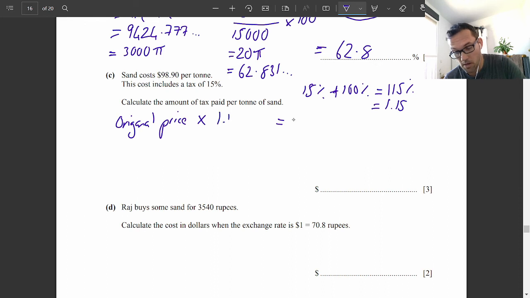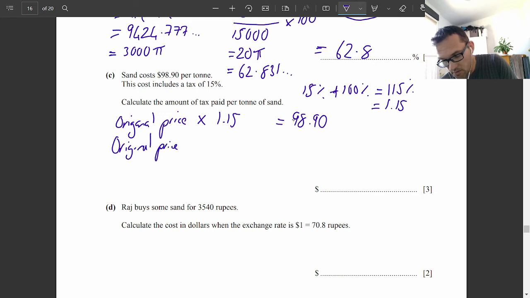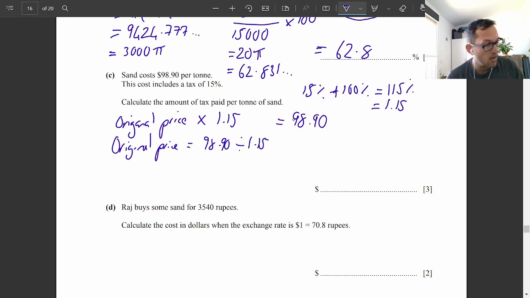That is what we multiply the original price by to get the final amount, 98.90. So now we're working backwards. To find the original price, we need to divide by 1.15. So the original price pre-tax of the sand is 98.90 divided by 1.15.